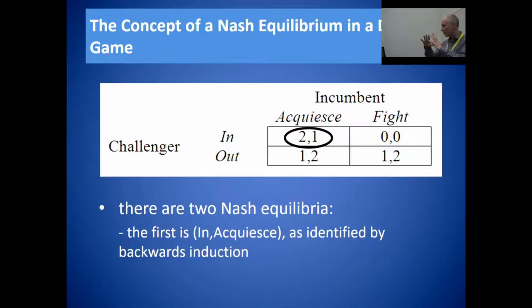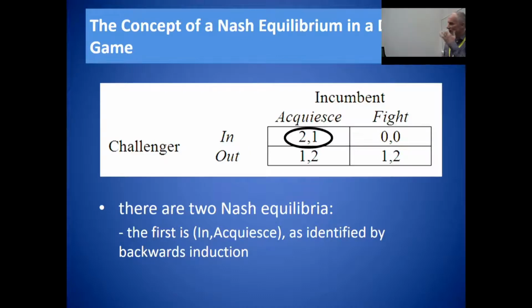And that outcome, that Nash equilibrium, is where the incumbent firm chooses to acquiesce after the challenger has entered the market. So that's our first Nash equilibrium. That's the one in the top left-hand corner.